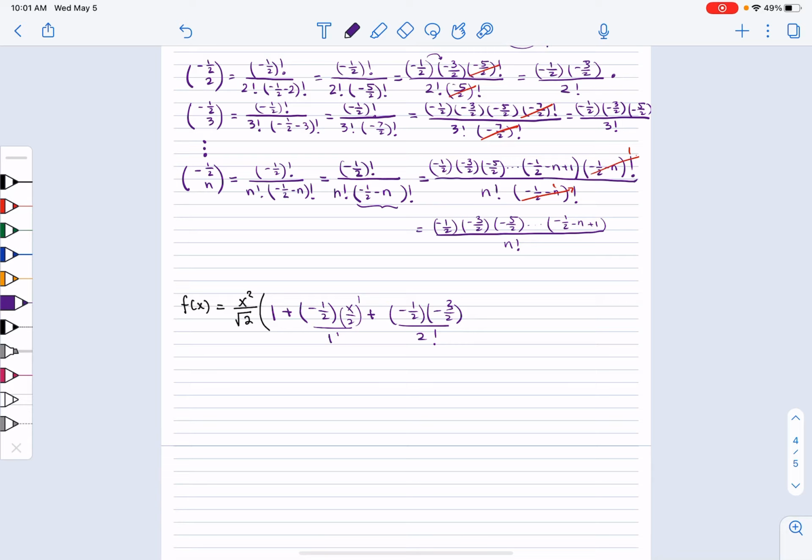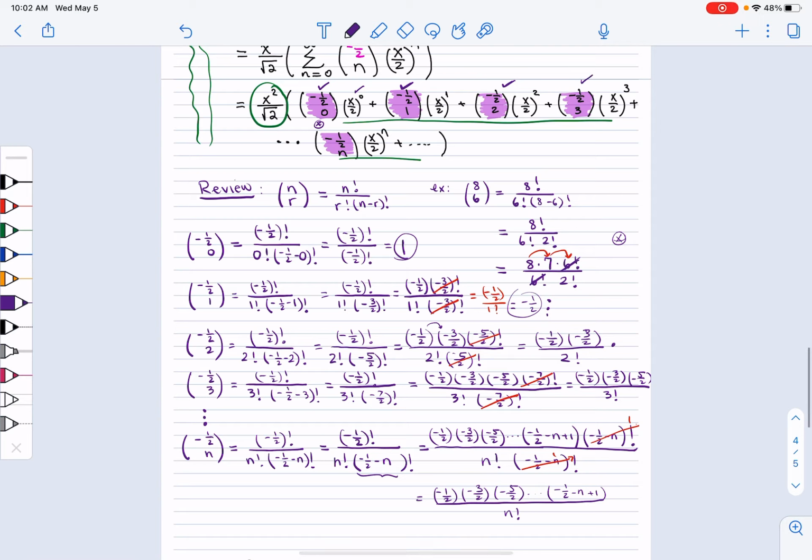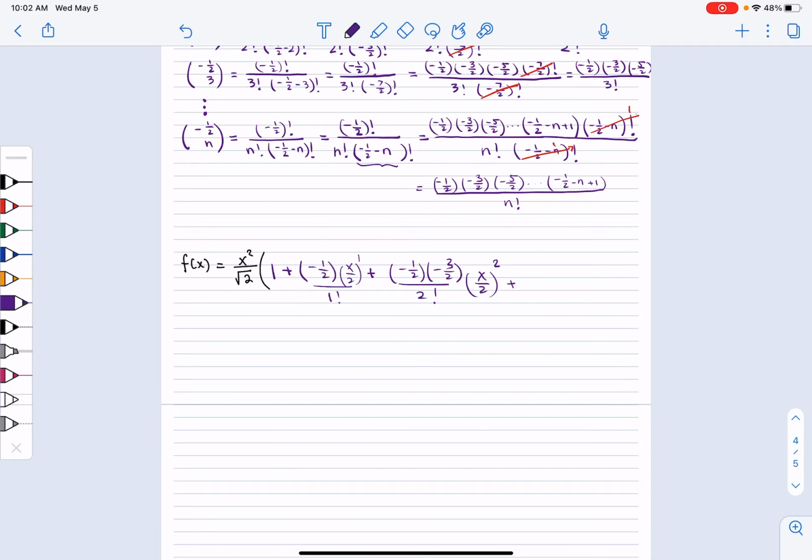So here we have 1 factorial over 2 factorial times x over 2 to the second power plus, and now one last time, we're going to go to negative 1/2 choose 3, and negative 1/2 choose 3 will give us a negative 1/2, negative 3 over 2, negative 5 over 2, over 3 factorial times x over 2 to the third power, and then the idea will continue.